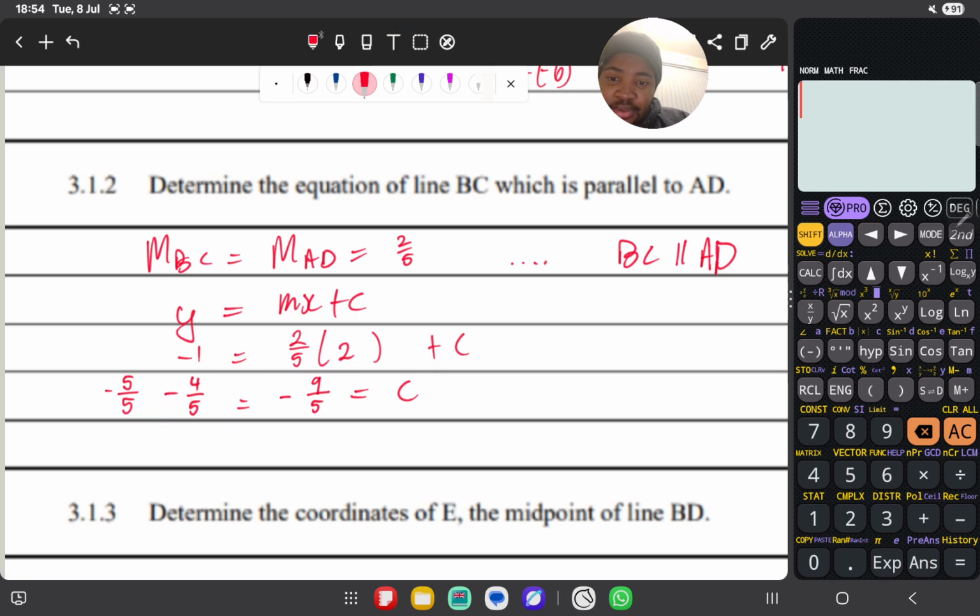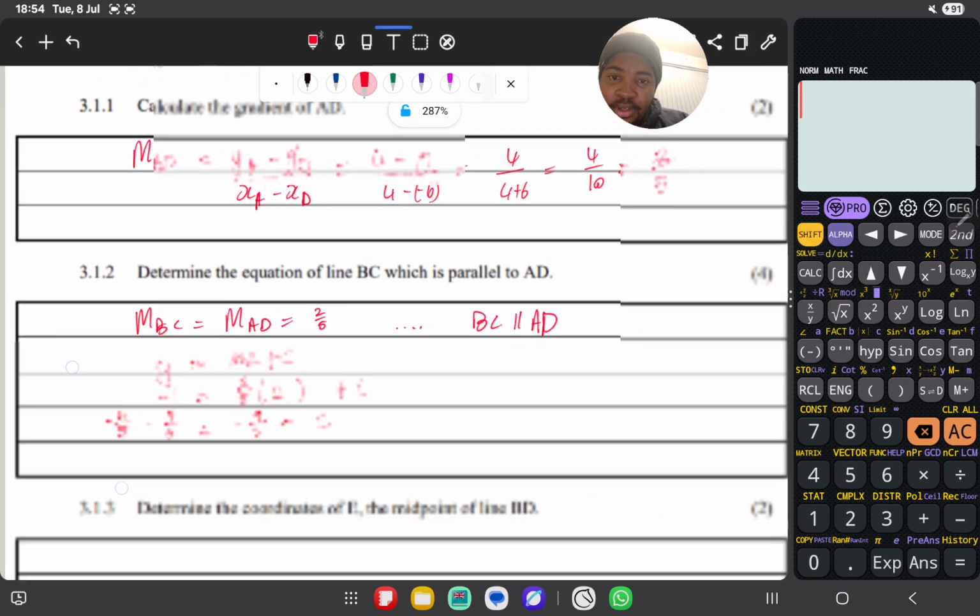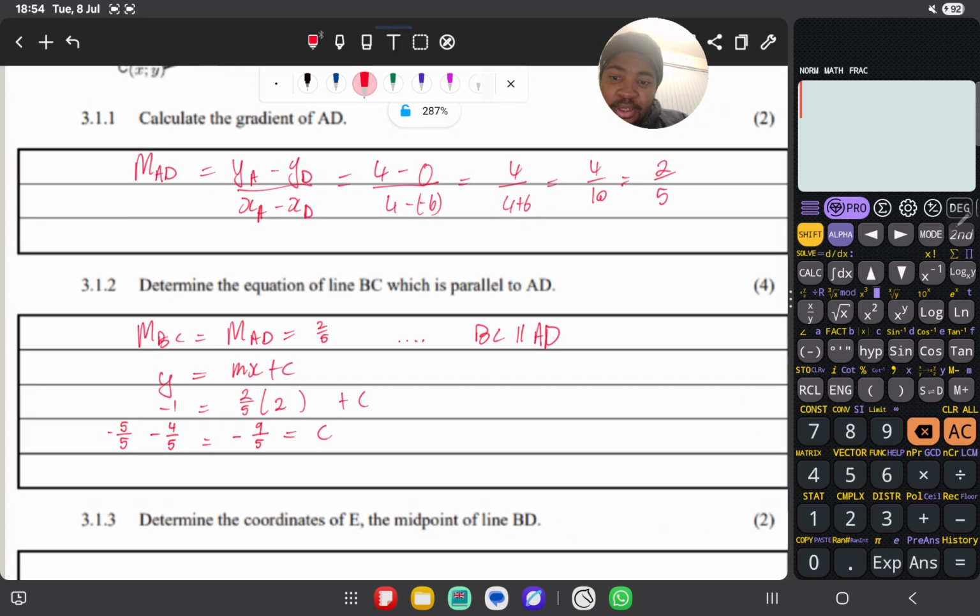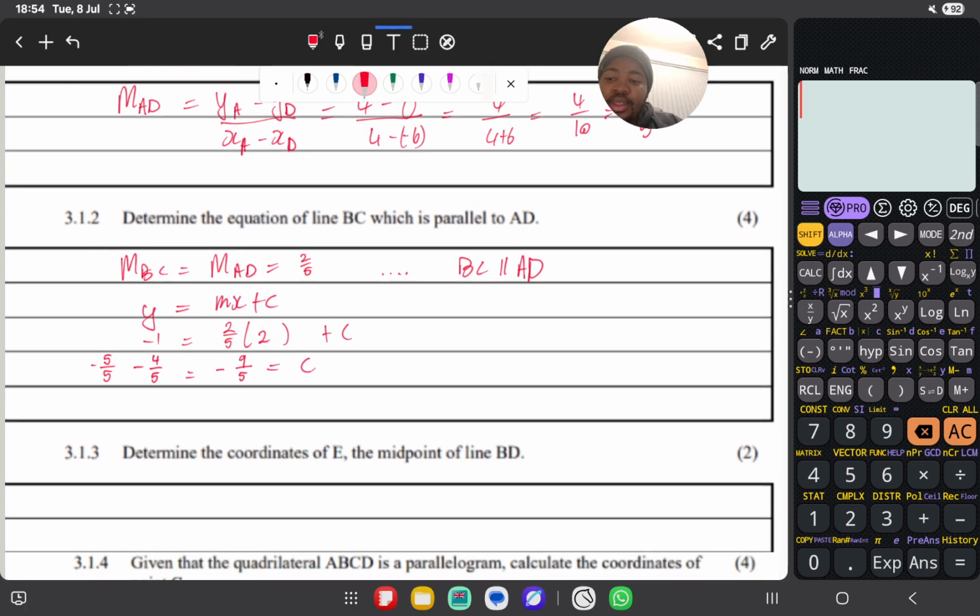Now I just want to confirm these values. Say if I used 4 over 10, then 10 over 10, then 8... wait. Yeah, we're good. You will then say therefore y of BC equals 2 over 5x minus 9 over 5, right?